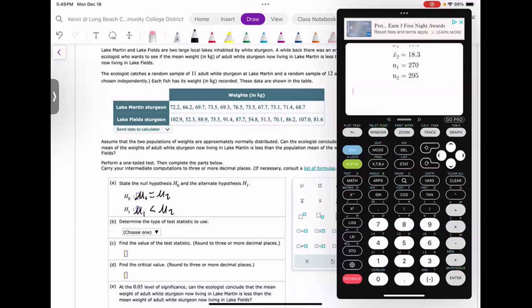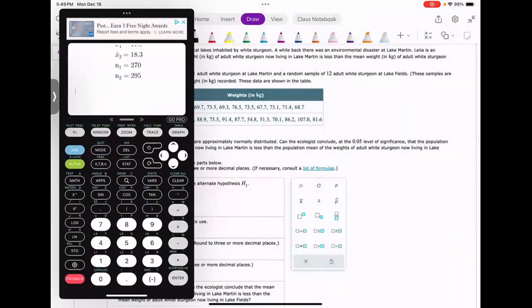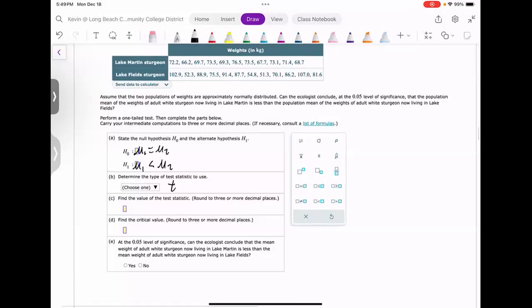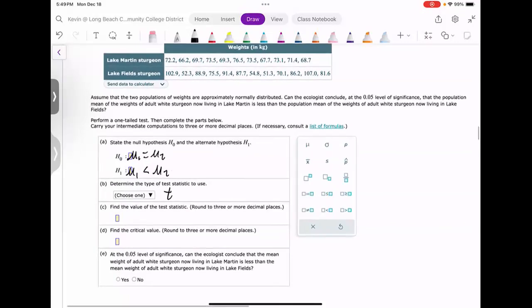Okay. So we are going to be using a t distribution for this. And let's draw our picture. You may need to pause the video to put the data into lists. Mine are in lists 3 and 4. You can erase lists 1 and 2.